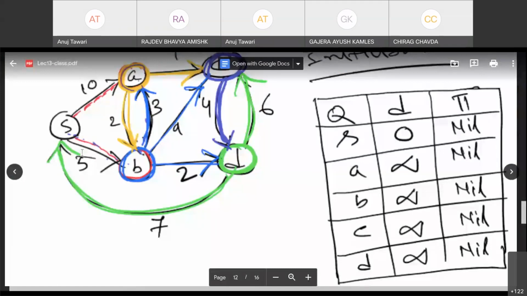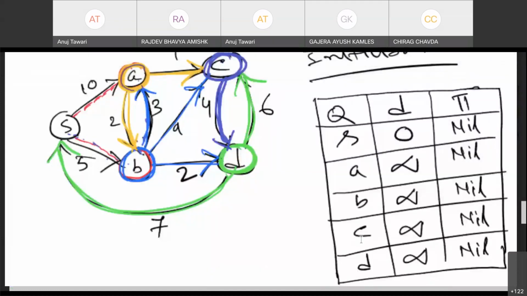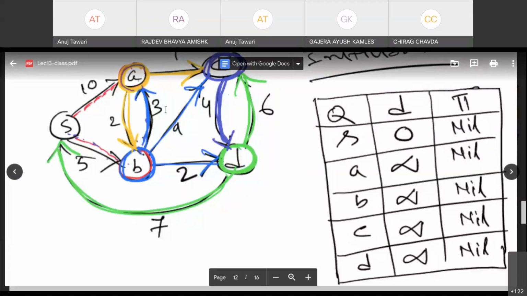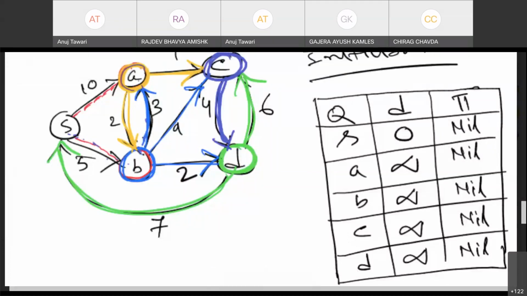That is why we go via this strategy: S is 0, A is infinity, B is infinity, C is infinity, D is infinity. Everybody else gets infinity, and S gets 0. Now we want to reduce these values so that each becomes some finite value and it is the smallest possible.